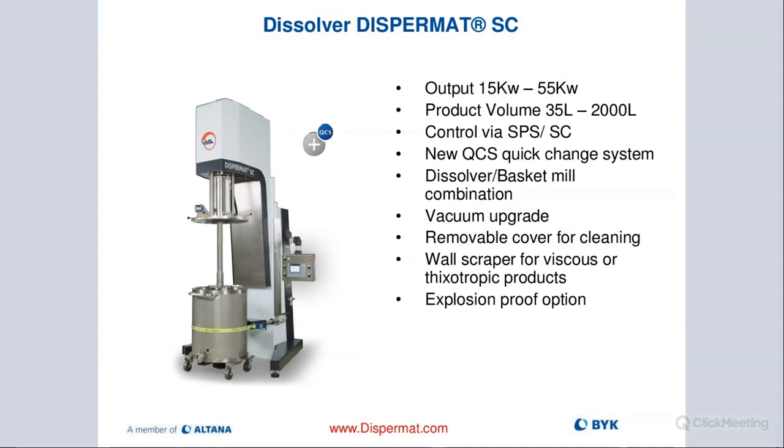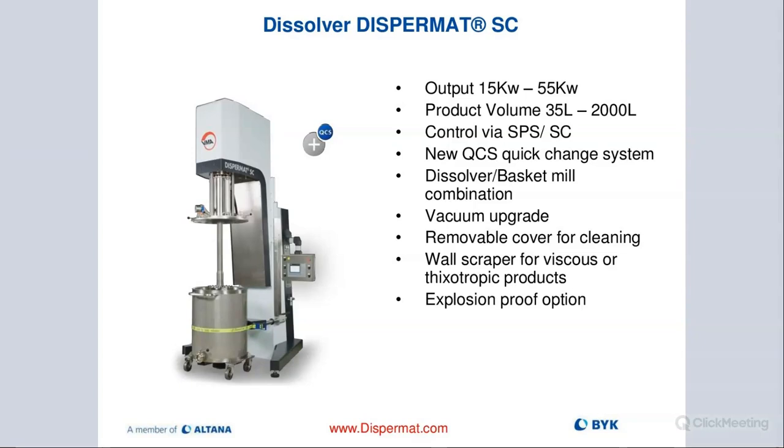So then we offer production scale dissolvers. This is the Dispersion SC, again, very modular, giving you the ability to retrofit a basket mill on here, and do this with the quick change system called QCS for our manufacturing size machines.